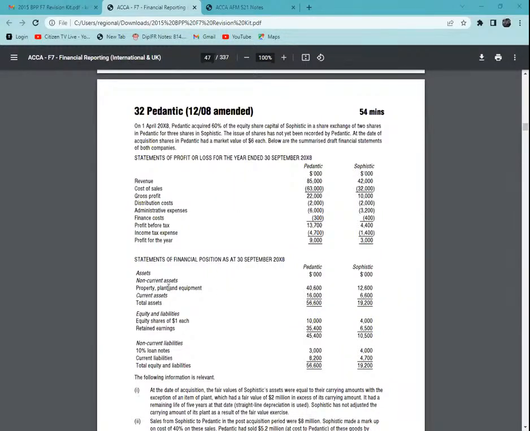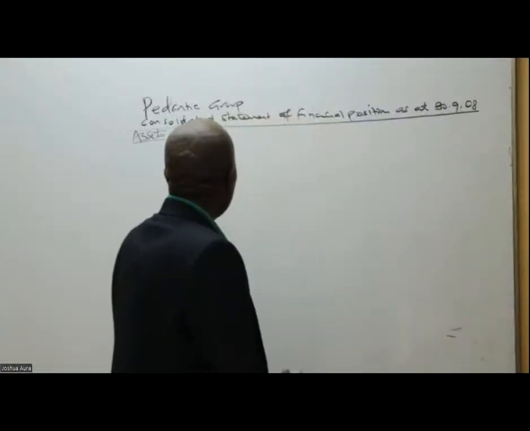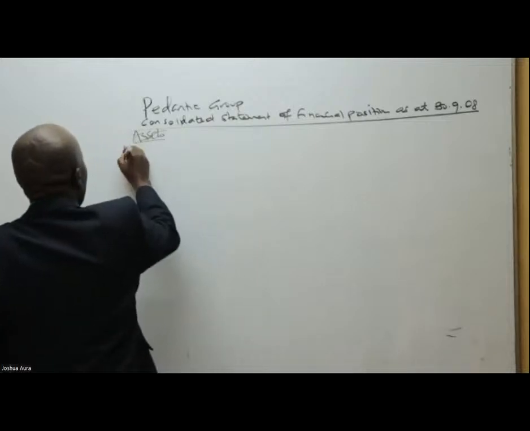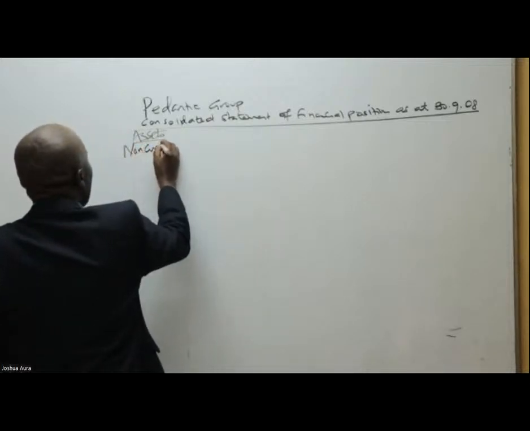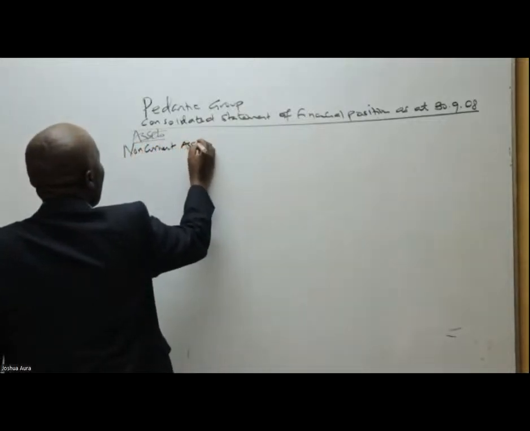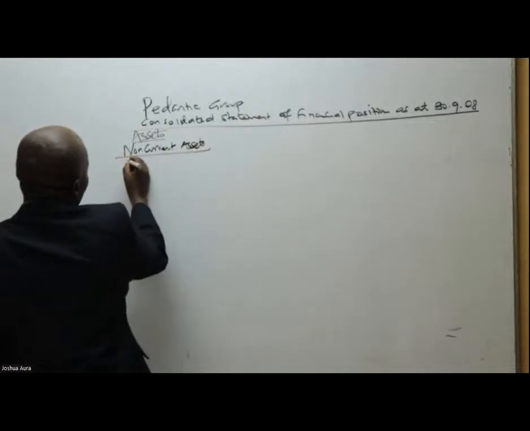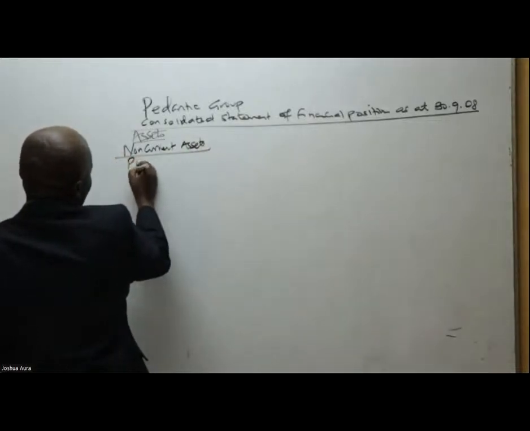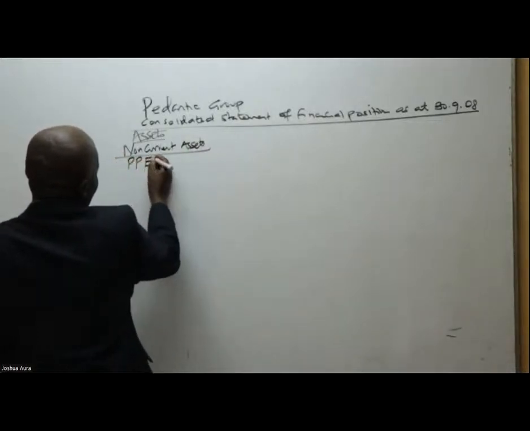So we start with non-current assets. Non-current assets, what do we have? The first one there is property, plant and equipment.